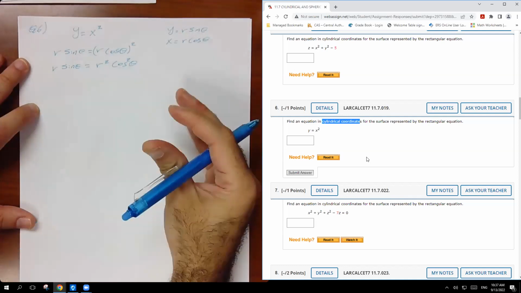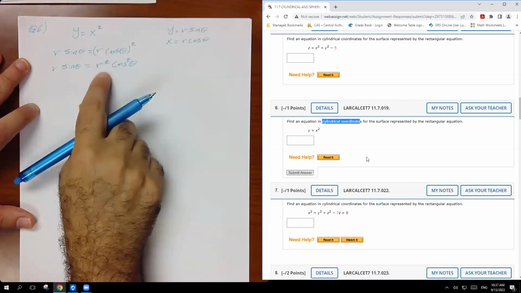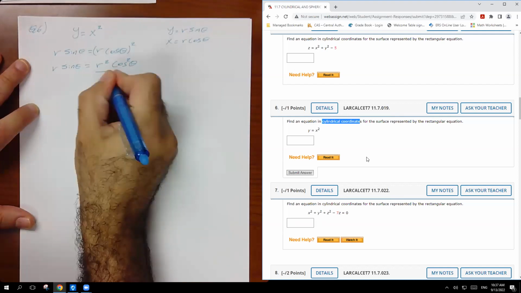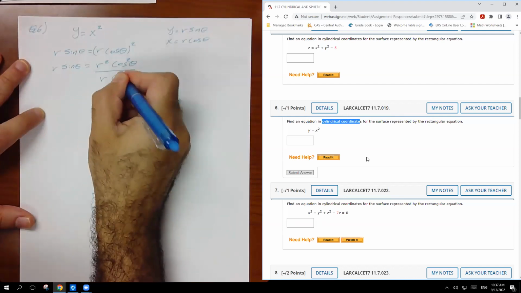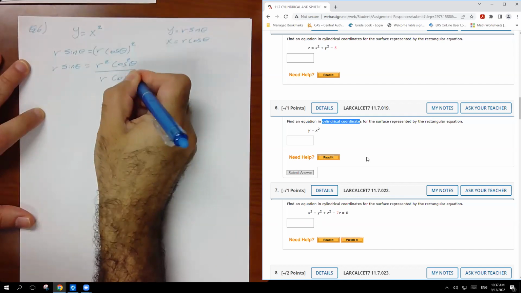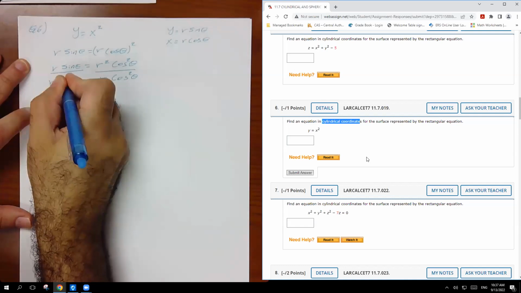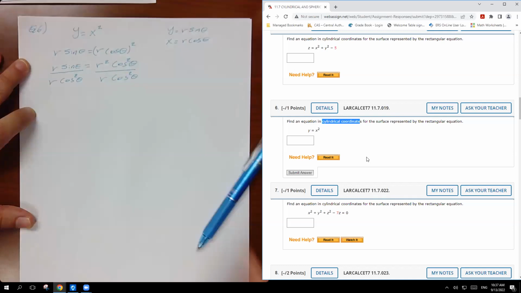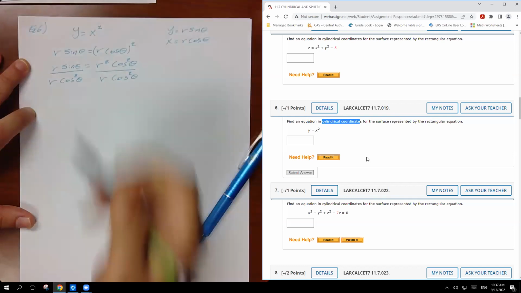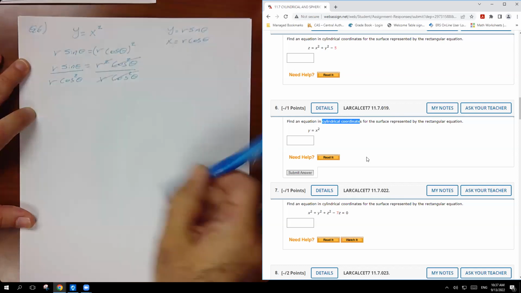So I'm going to divide both sides by r cosine squared theta. Check this side: cancel this one with this one, the square with this one. The left is just r.